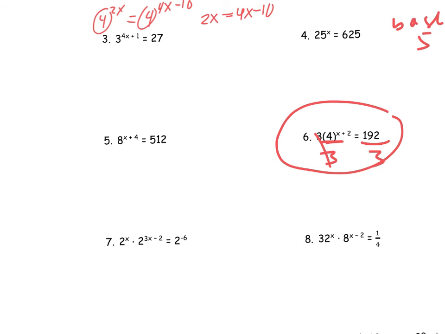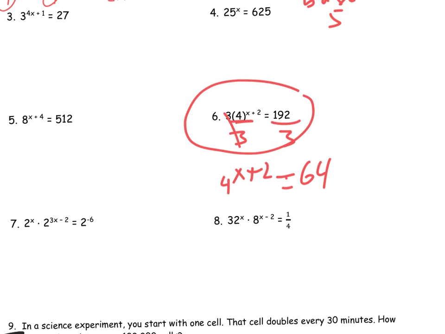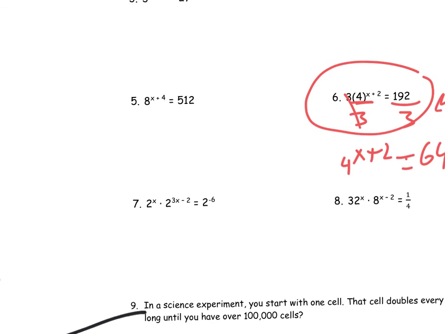When I cancel out that 3, I get 4 to the x plus 2 equals, oh boy, what do we got there? 192 divided by 3, 64. So I'm going to tell you this. You can do a base of 4 for this one. For this problem, 64 is, I think it's 4 to the, you'll figure it out. Just keep dividing by 4.